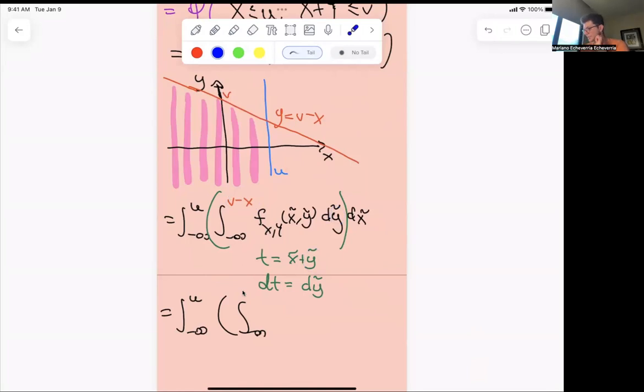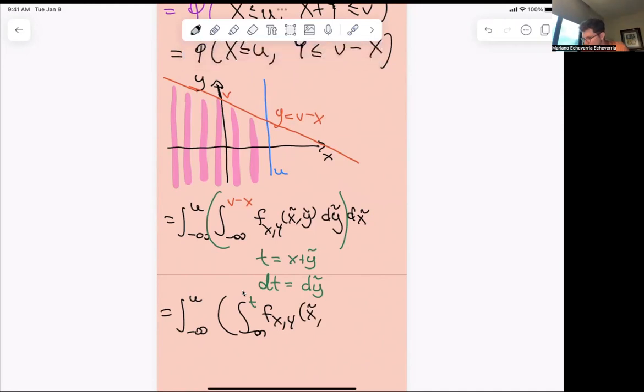Sorry, I could have done x here. That also works. Yeah, this is fine. So you could have done this as v minus x. Now it looks better. So when y tilde is v minus x, the x's cancel. And so this gives you the integral of t. But y tilde is t minus x, so yes, this.